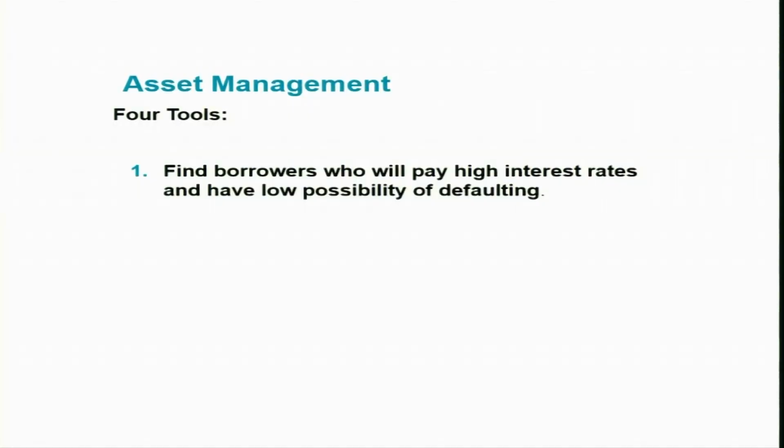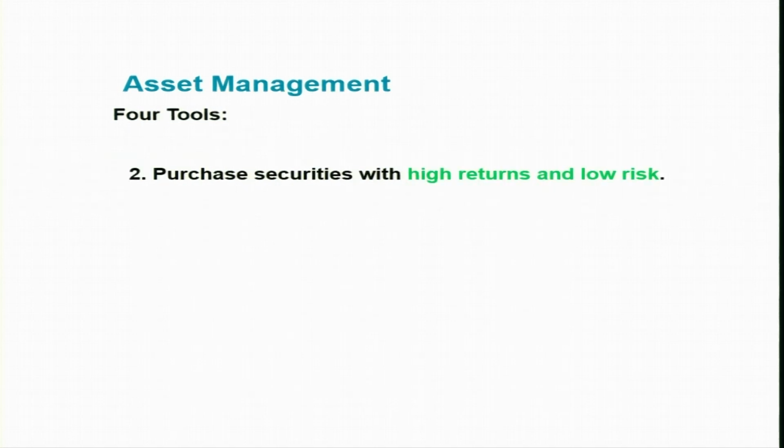In this process they mainly use four tools. One is to find borrowers who will pay high interest rates and have a low possibility of defaulting. The second tool is to purchase securities with high returns and low risk.